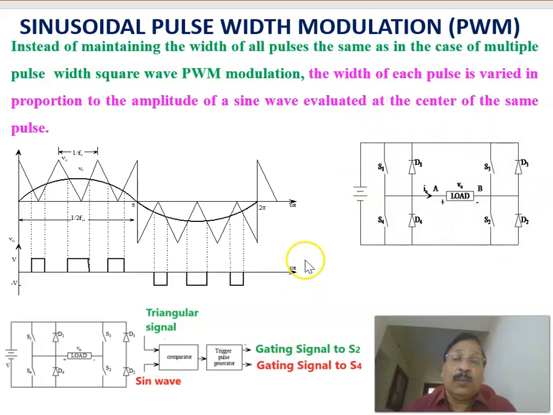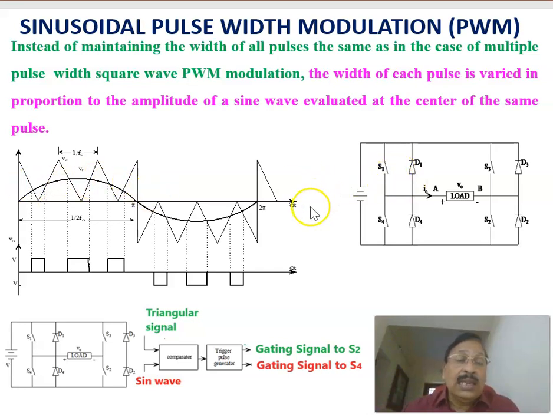This is the circuit topology, and the controlling of the switches is the same as in the multiple pulse square wave modulation. During the positive half cycle of the sine wave, S1 is closed.